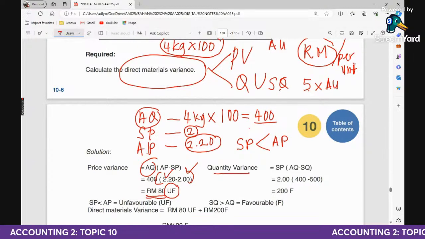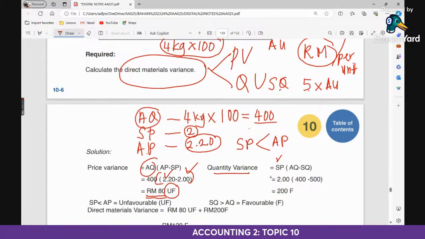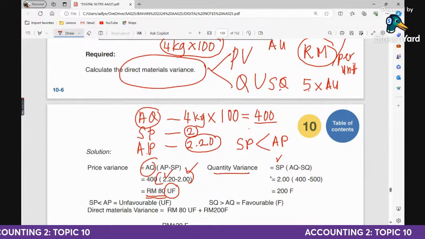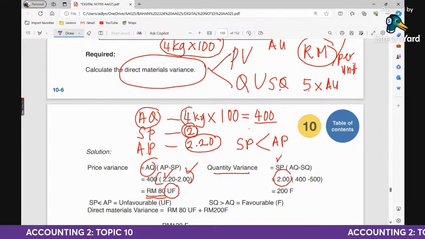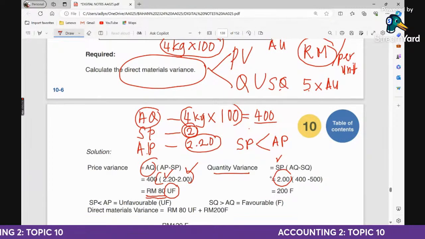Okay, quantity variance, formula dia standard price dalam kurungan AQ minus SQ. So what we are going to do here, your SP ialah RM2. And then your AQ, AQ tadi madam dah kira 4 kg darab 100 which is 400.